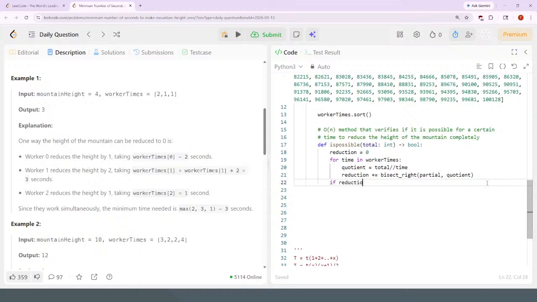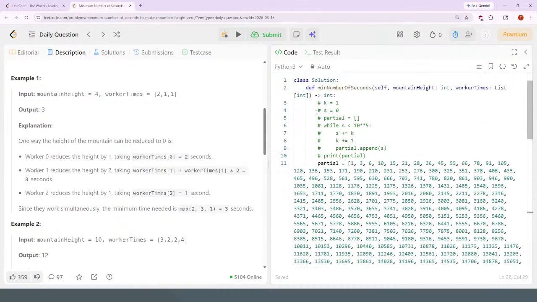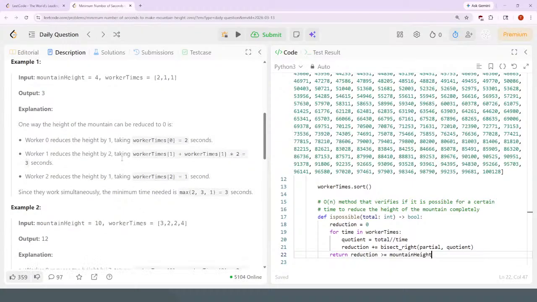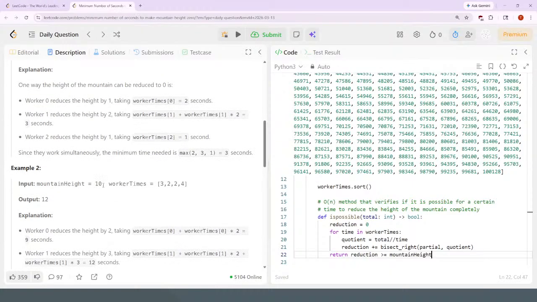If reduction is greater than or equal to the mountain height, return true. So I guess return if the total reduction is greater than or equal to mountain height. Okay, double checking here.